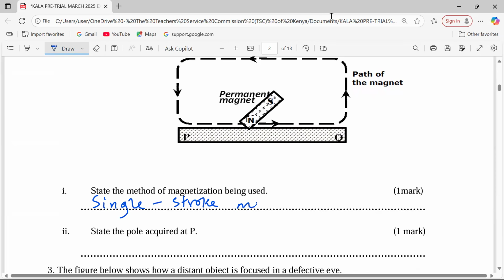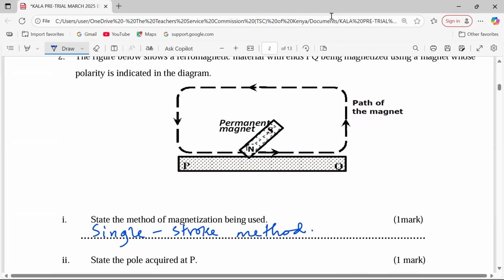It's good for you to know that if we had another magnet here, being moved in the opposite direction, as this one goes to the right, we have another one flowing to the left, that one would have been double stroke.